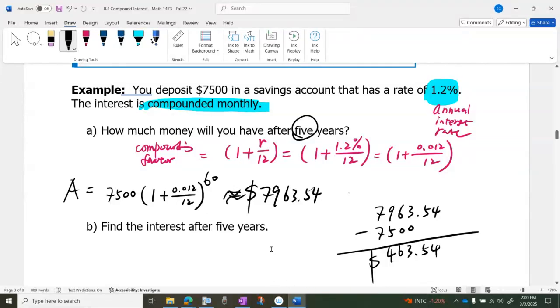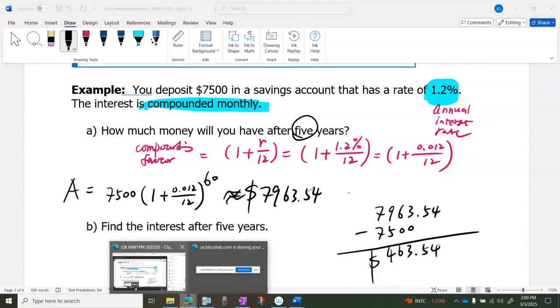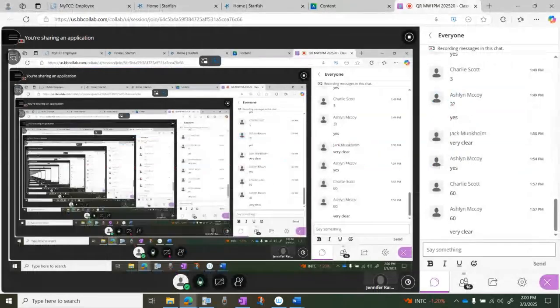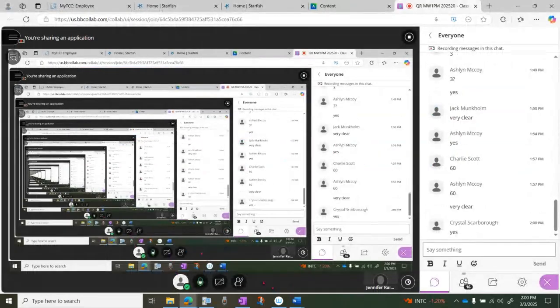Question? Is that clear, everybody? Monthly interest rate. Okay, very good. Cool.